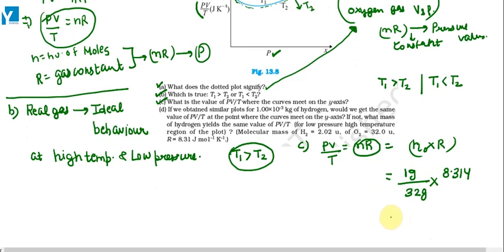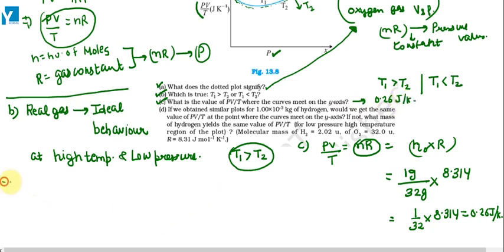So on solving this, I will get the value of nR to be 0.26 joule per Kelvin. So C part comes out to be 0.26 joule per Kelvin.